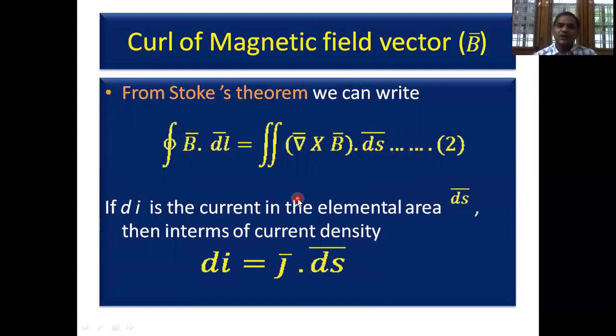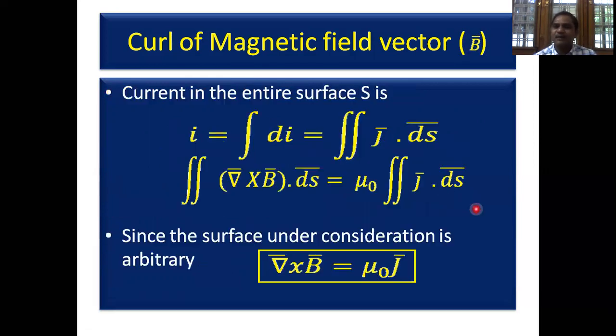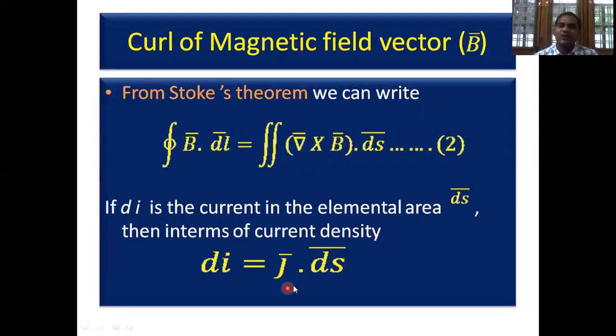Okay. So if di is the current in the elemental area ds, whatever closed surface we consider, just imagine that the surface area is divided into small area elements ds bar. Then if di is the current through the small area element ds bar, you can write di equal to j bar dot ds bar.